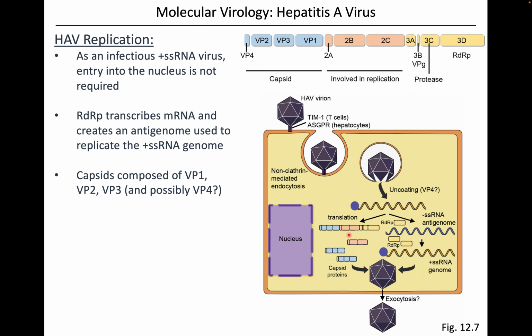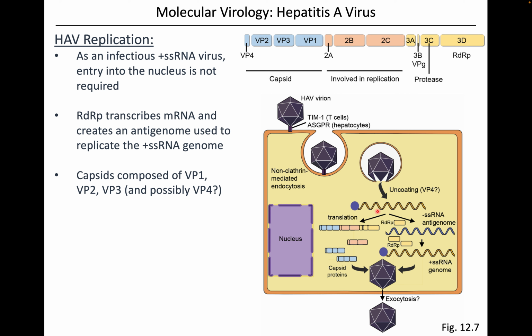And again, we make that polyprotein, cleave it into the individual viral proteins. One of those viral proteins is going to be the RdRp, the RNA polymerase. And once that is produced, we can start replicating, making additional copies of the viral genome that we're going to need to produce new virions.